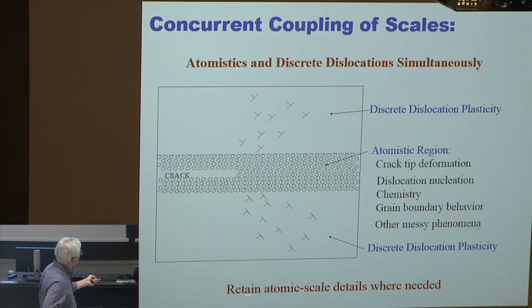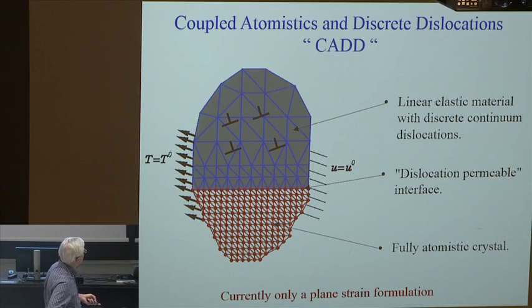So we think about this in terms of retaining the atomic scale detail where we need it, where things could happen that we can't describe at the higher scale. And at the higher scale, we will have the important part, the part that's giving us the toughening, that's determining what the conditions are at the crack tip, which is the dislocation plasticity.